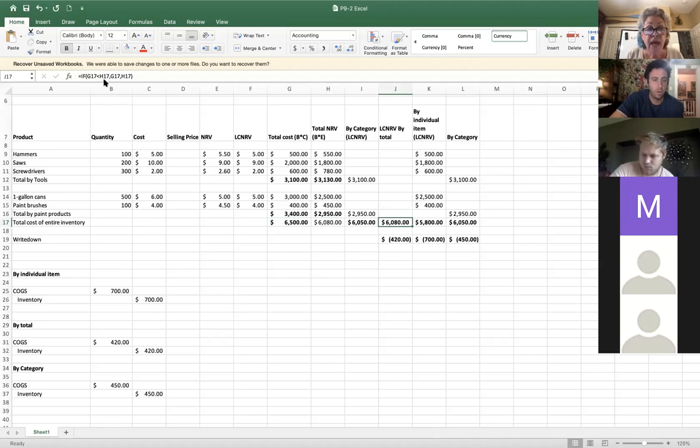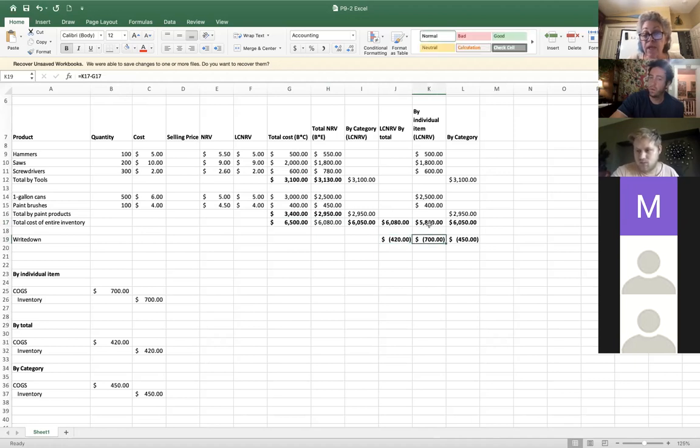I compared it to H, which is NRV. If G, which is total cost, is, which one is lower? And the lower one was the NRV. So when I compare the 6080 to the 6500, I have to write down 420.